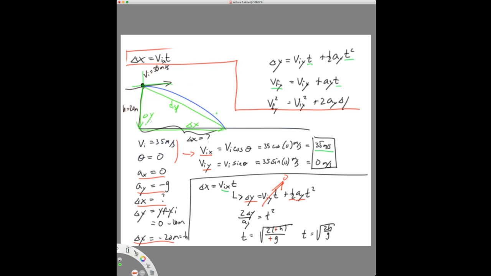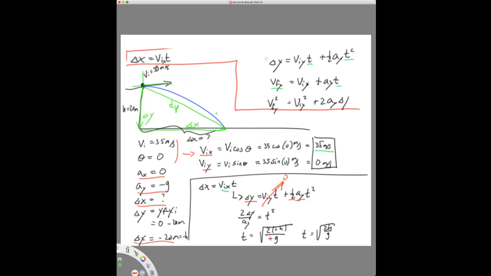So delta x and delta y are components of the displacement, which is defined as a straight line drawn between the starting point and the ending point. And then once we have done the translation, it's usually pretty easy, because there's not a lot of options for which equation we can use. We picked the delta x equation. We saw that we would need time, and that required us to get the other side. And that is another feature that we will see time and time again. The time is the only variable that connects the left-hand side and the right-hand side.